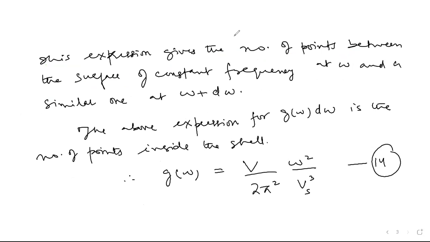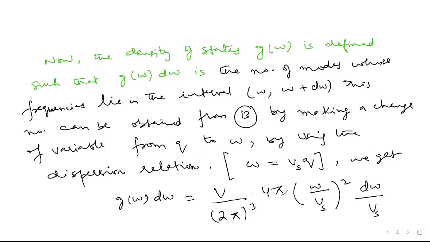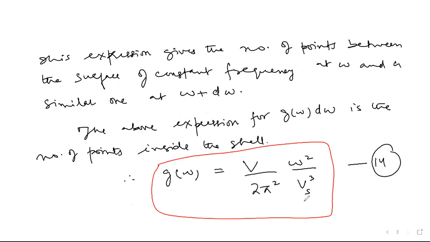Let me encircle it. So g of omega is V by 2 pi square omega square by Vs cube. This is just simply this expression. We have just cut this d omega in the left hand and right hand side, we have cancelled it. We got V by 2 pi cube. Then we adjusted this 4 pi and 2 pi cube. So we got this V by 2 pi square omega square over Vs cube.